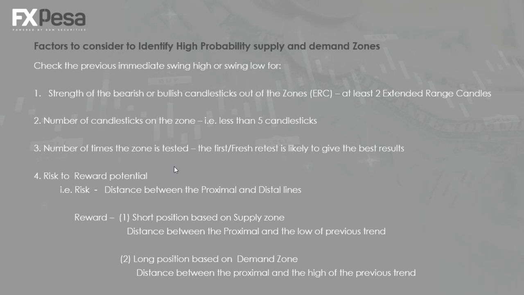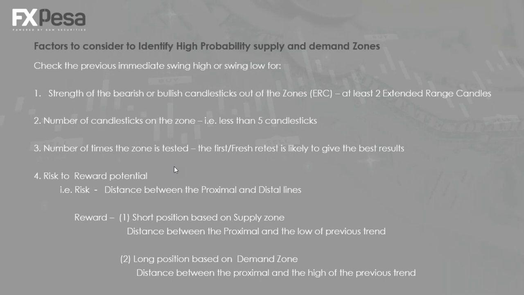However, fresh zones tend to yield the best results. So it is advisable to look for a fresh zone of supply or demand that has not been tested in order to have a very effective trade. A fresh zone would therefore yield the best results.